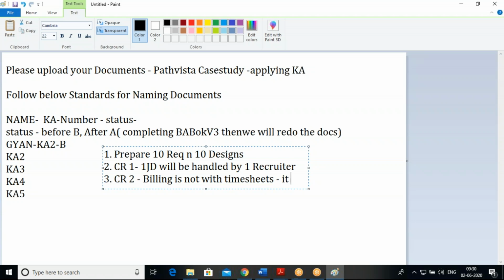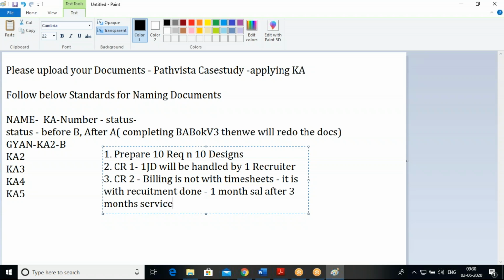Now what they said is it is with the recruitment done. If the candidate is placed, then they'll give you, let me say, one month's salary after three months of service of the candidate.